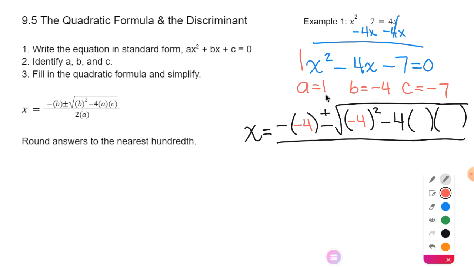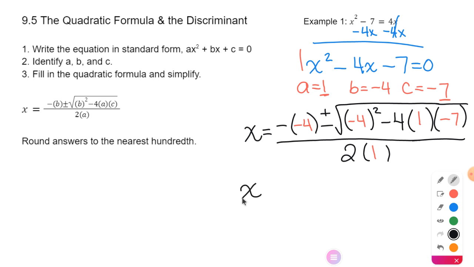Well, my a value is 1, my c value is negative 7. All over 2 times a, 2 times 1. All right, so before you touch a calculator, before you start simplifying anything, put the numbers in the formula.